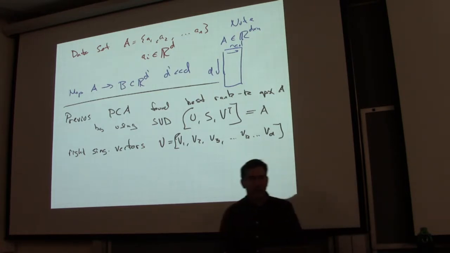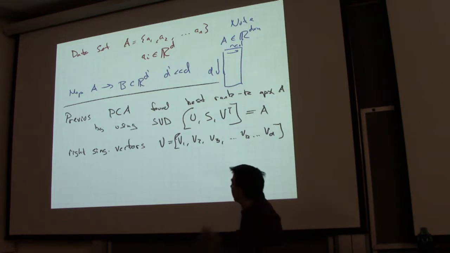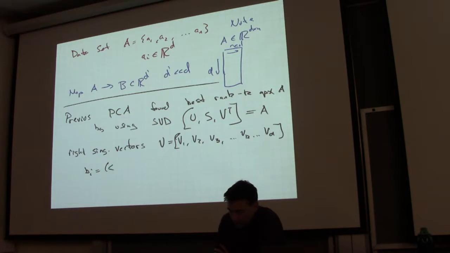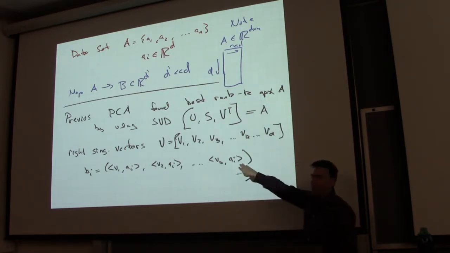And so I can get a new lower dimension, a new k-dimensional subspace for each of the points of A. I can project to get Bi, which is going to be the dot product of V1 with Ai, the dot product of V2 with Ai, up to the dot product of Vk with Ai. And so this gives me a k-dimensional vector.